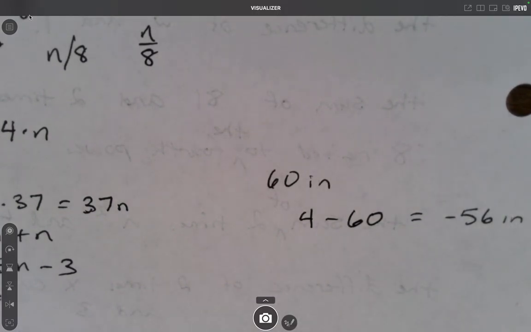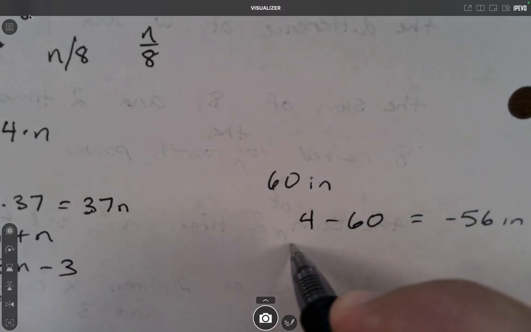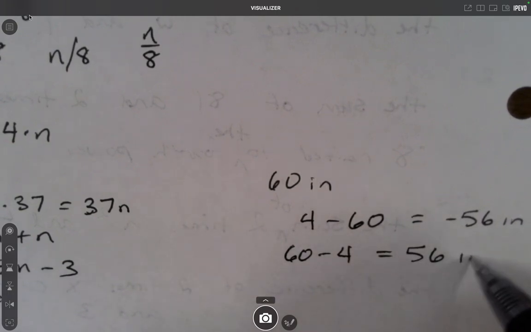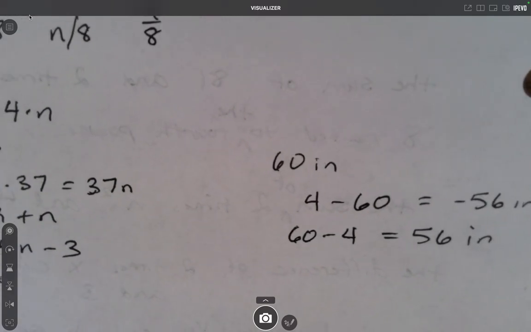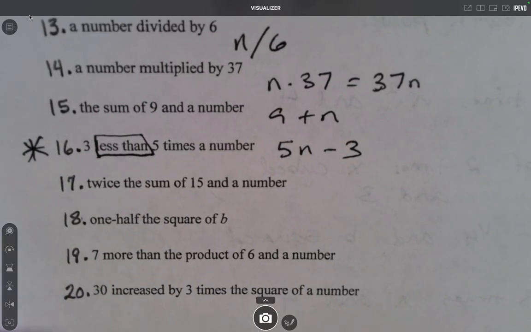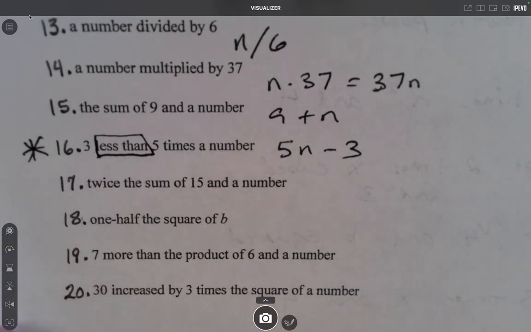That doesn't make sense. You can't have a negative height. So whenever you say less than or shorter than or anything similar to that, you have to put that other number second. Because it does make sense that you would be 56 inches tall. So you got to stick in your mind that less than means put the terms in reverse of the order they are in the verbal expression.